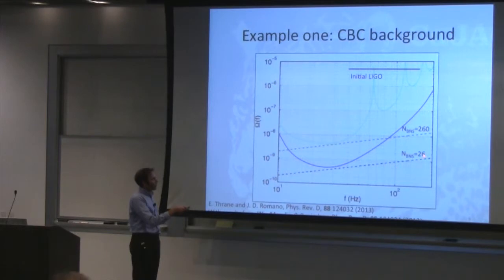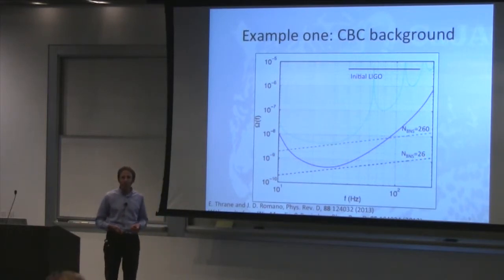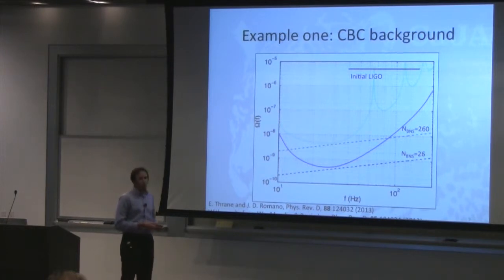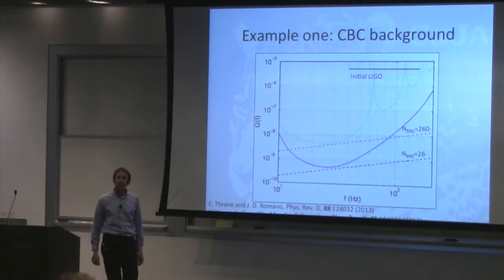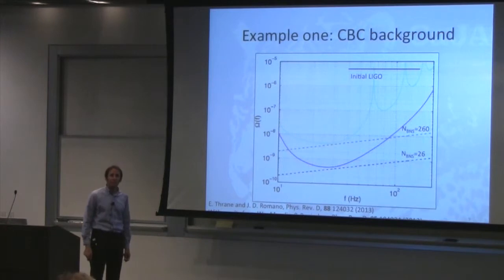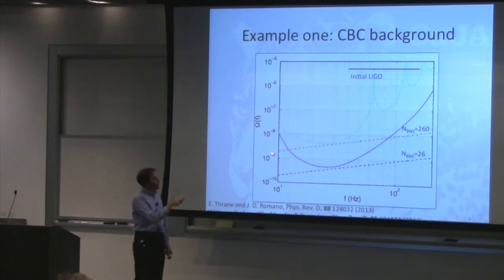The lower dashed curve corresponds to a rate of CBC coalescences so that Advanced LIGO would detect 26 individual binary neutron star coalescences for every year of science data. Our nominal realistic rate is 40. If, on the other hand, the number of binary coalescences per year that we detected with Advanced LIGO was more in the neighborhood of 260, which is easily possible given the uncertainties in astrophysical rate estimates, we would be up here.